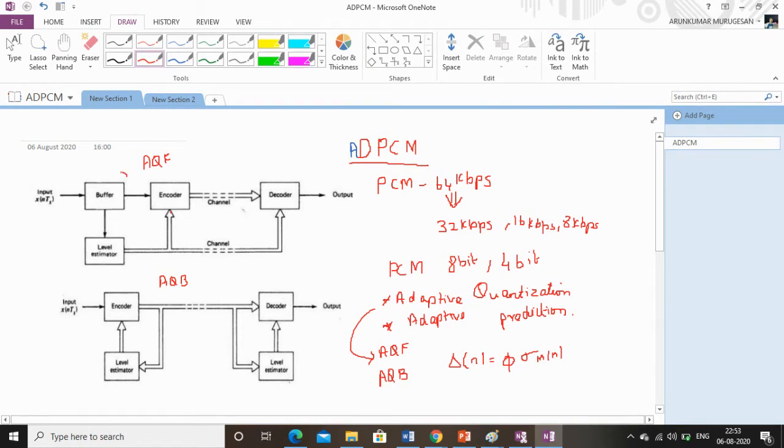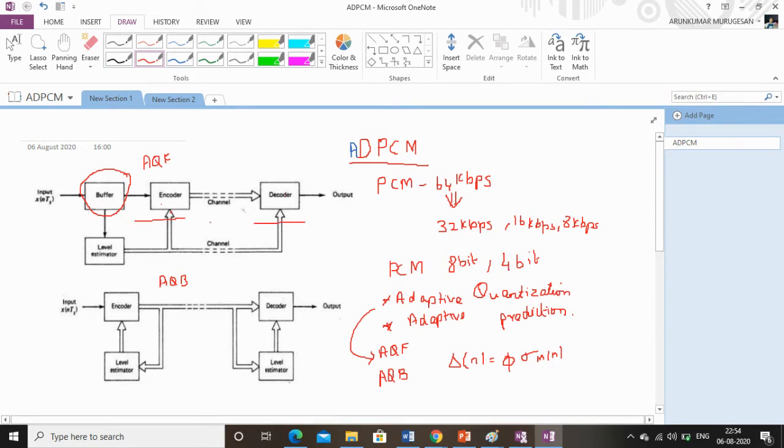Adaptive quantization forward path requires a buffer to store the unquantized samples of the input, and it requires a level estimator. This is the transmitter side, and this is the receiver side.